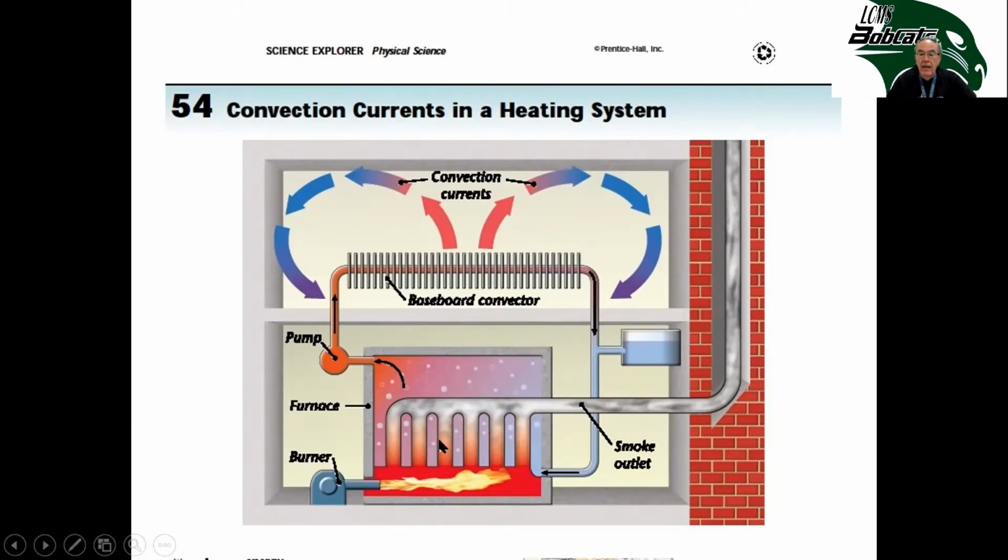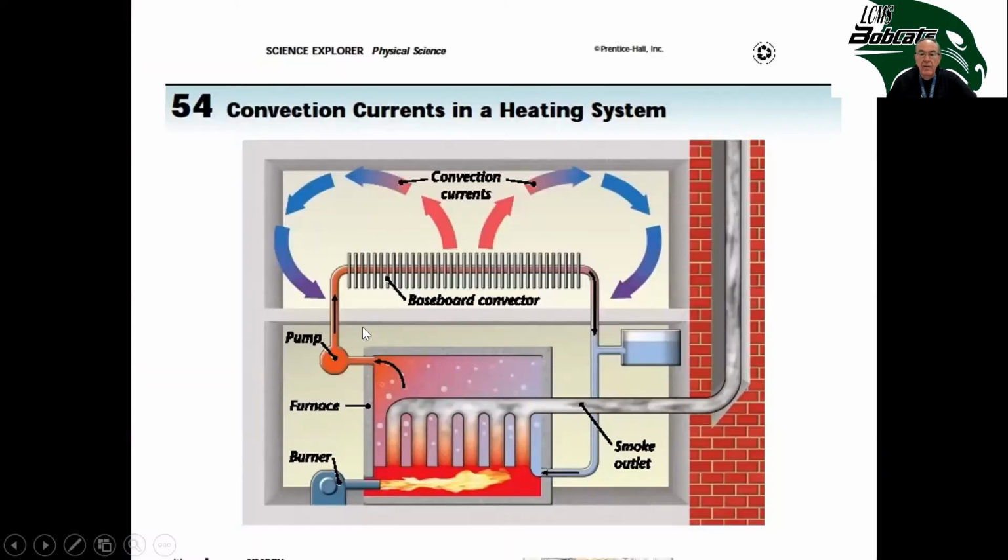In this kind of radiator system, there's hot water, and someplace in your home would be a place where there would be some kind of a burner. Usually these are natural gas or heating oil, and it heats up the water, and then the hot water is pumped, and these things are along the baseboard, and I'll show you a picture of what they look like. Basically, they get hot, they heat the air around them, and then the air rises and cools and creates convection currents in the room, and this is how it circulates around the room.